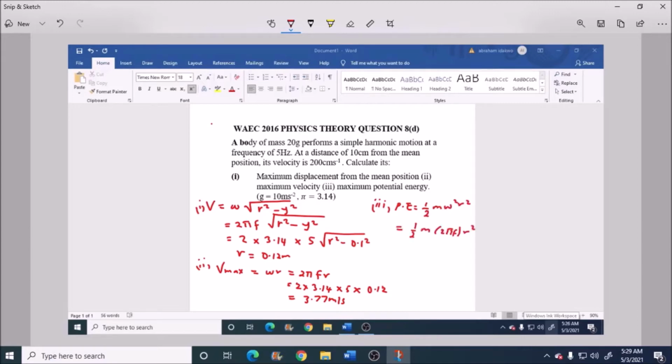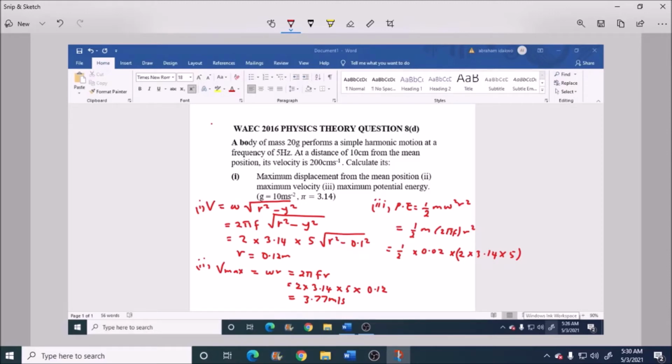Okay, this is the same thing as saying 1/2 times the mass, if you convert 20 gram to kilogram, you have 0.02, times (2 times 3.14 times 5), let's put this in brackets, times 0.12 all squared.